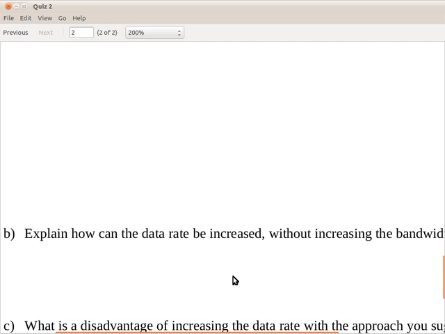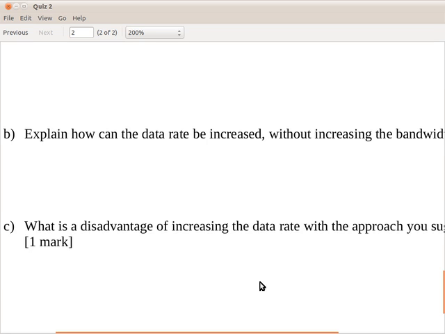So the more levels, the more chance that some amount of noise will cause bit errors. The disadvantage of increasing the data rate by increasing the number of levels is that more errors can occur.